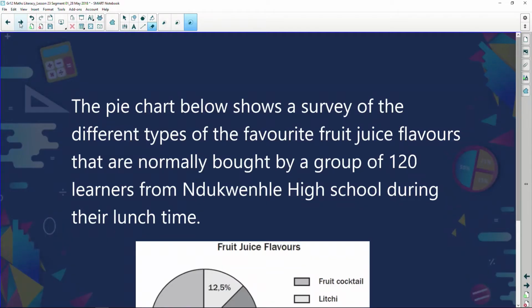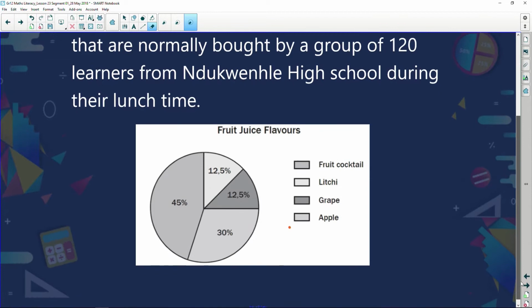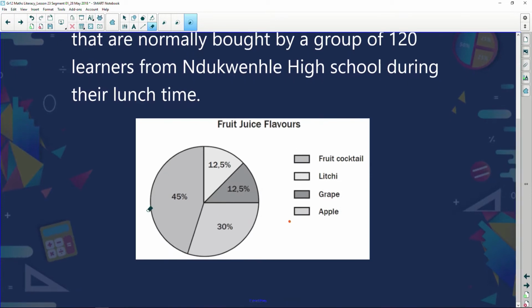The pie chart below shows a survey of the different types of favorite fruit juice flavors that are normally bought by a group of 120 learners from a specific high school during lunchtime. Notice our circular little graph. No longer bars, now circular.